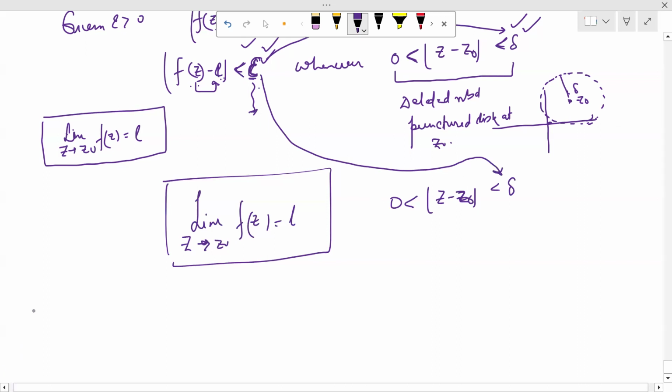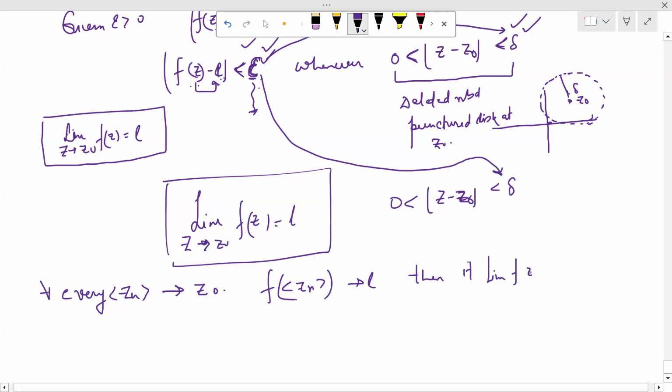Otherwise, you know sequences also. So if I'm saying that for every sequence Zn converging towards Z naught, if f of Zn converges towards L, then it implies the limit of f(z) as z tends to z naught is equal to L. So this is the sequential definition for limit.